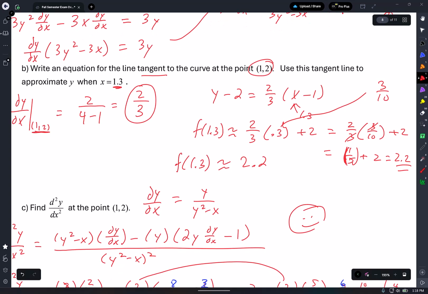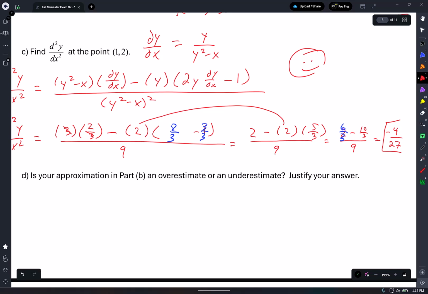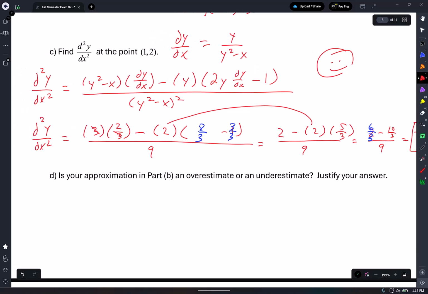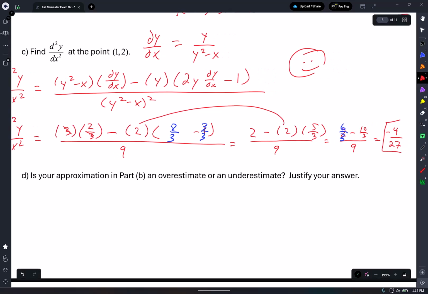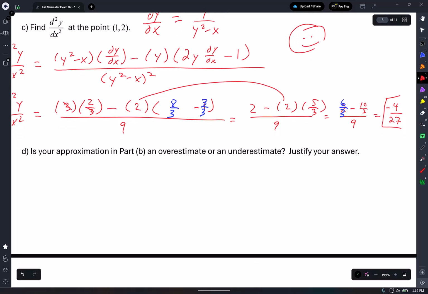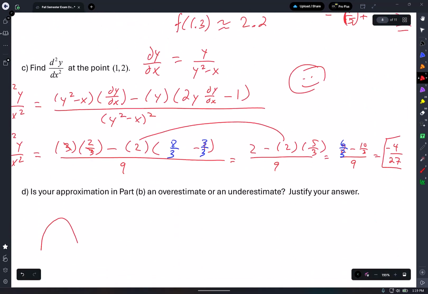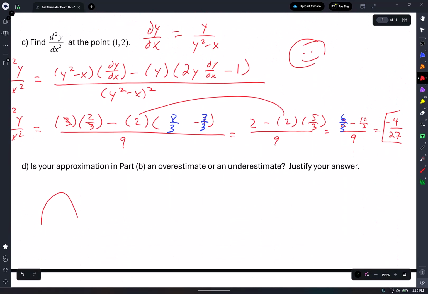And I know that at the point, because my second derivative was negative, that means my original function, the curve, was concave down. If you have a concave down graph, and let's see, what was my slope? Positive. And I'm over here on this side of the vertex, and I have a tangent. Think about it, guys. That tangent line is above the curve. See? Because you're concave down.